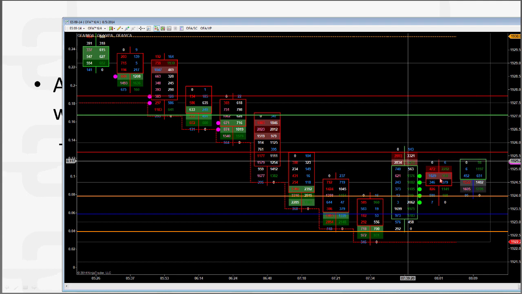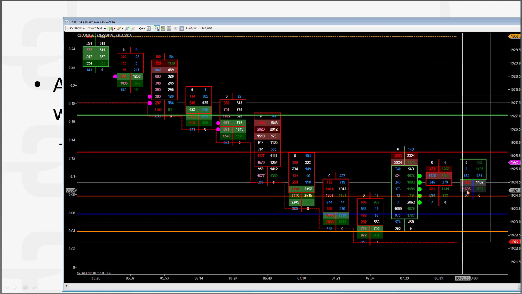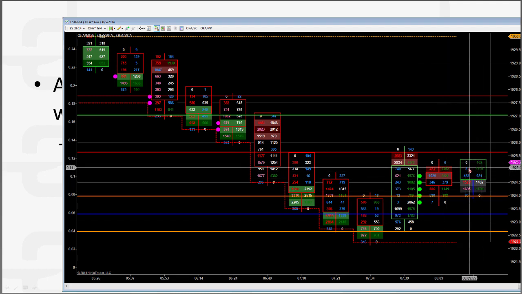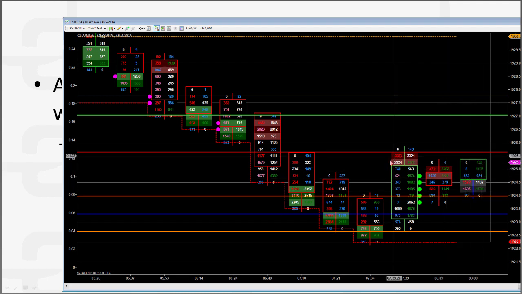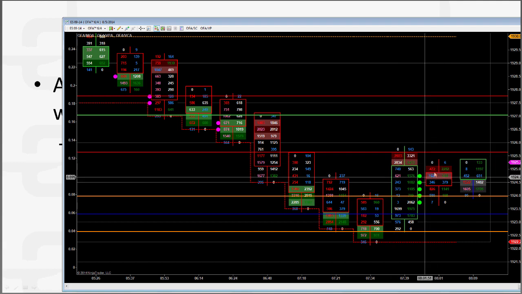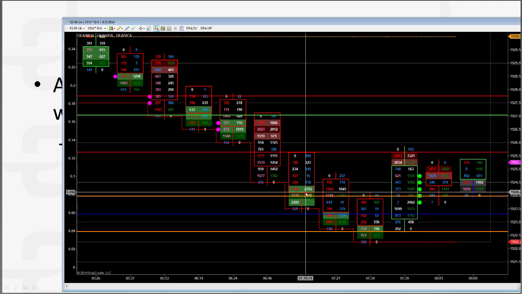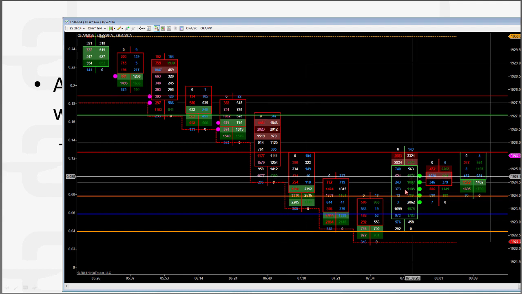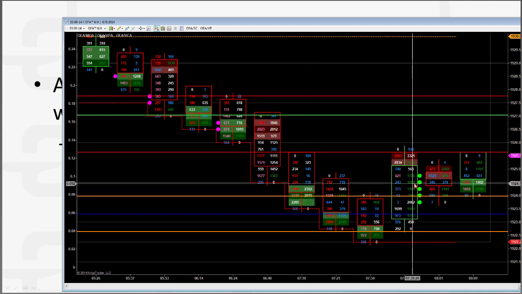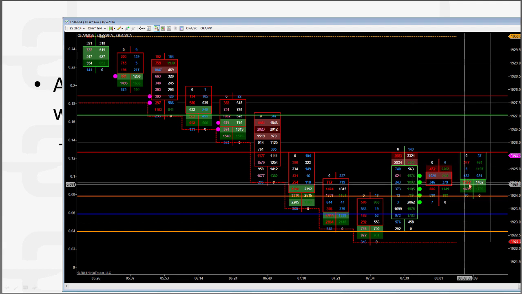Even though we have a selling cluster and a selling cluster in the volume cluster analysis, what the print right now is telling me is the selling that occurred up here, I don't see the same strength as I did. And the other thing that I don't see is the weakness again in the buyers at the offer. I'm seeing strength come back into the offer, and what I don't see yet is the strength back into the bid with the selling.